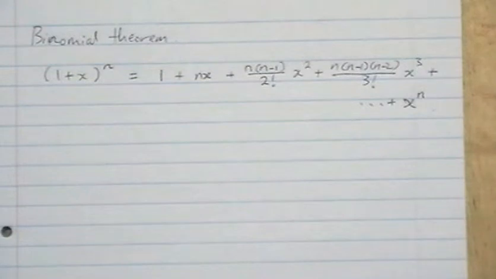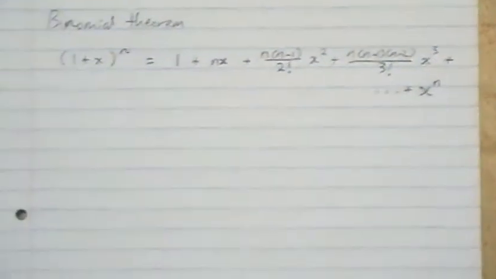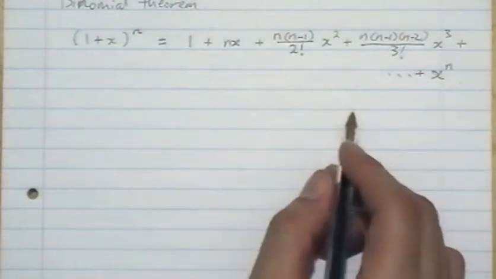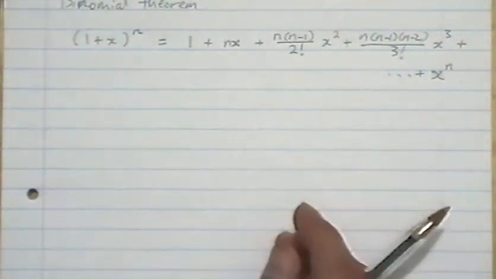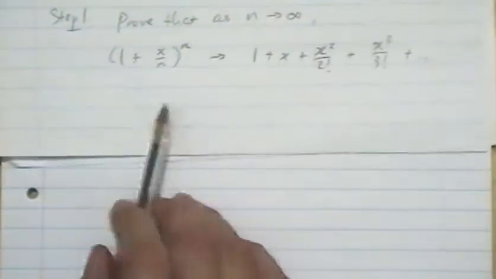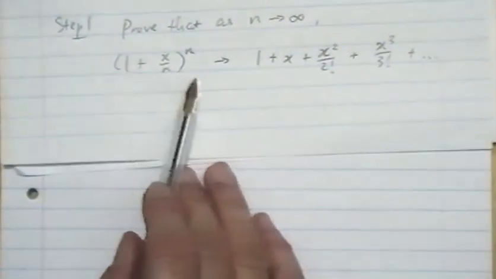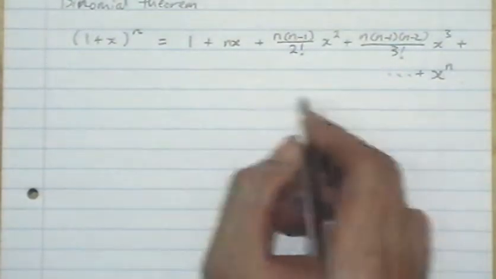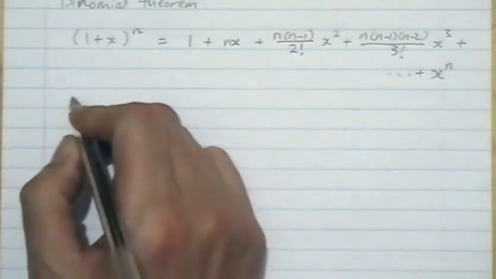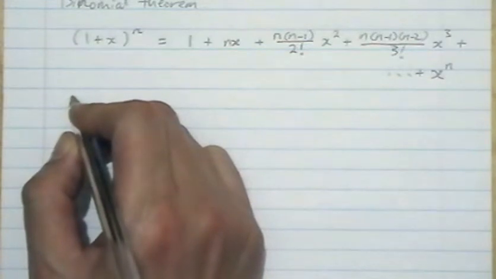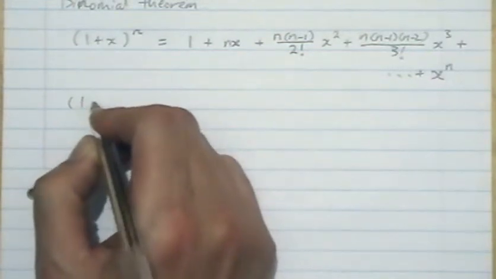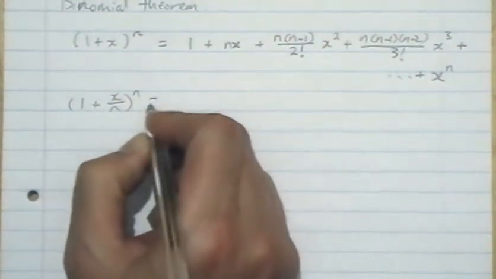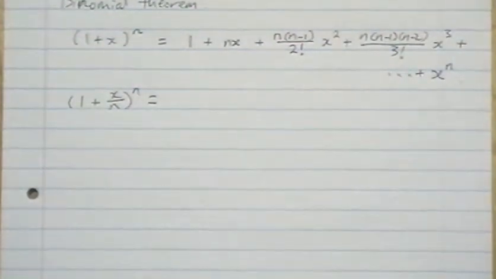Right, so let me write down the expression that I got just now, which is this one. Let me copy out this expression here. So I have (1 + x/n)^n.